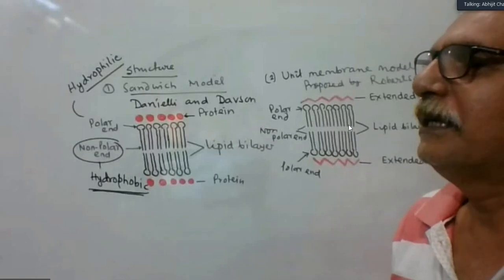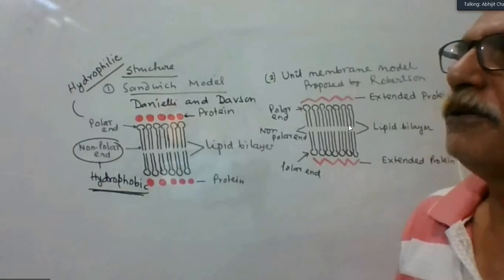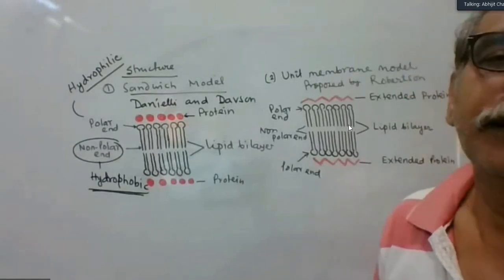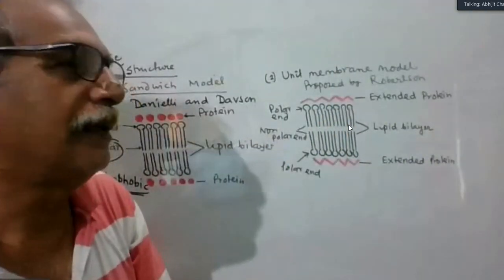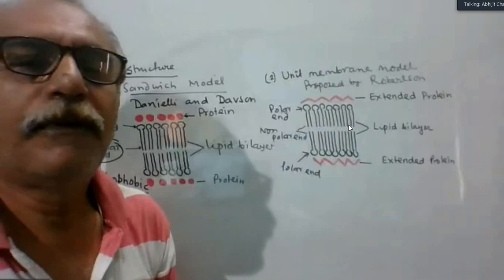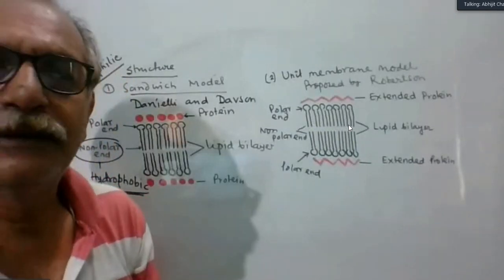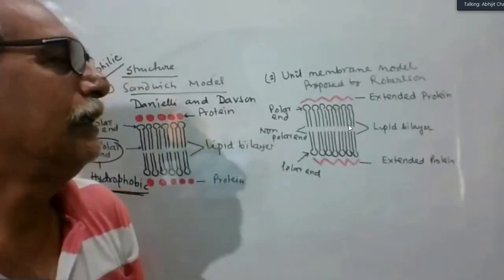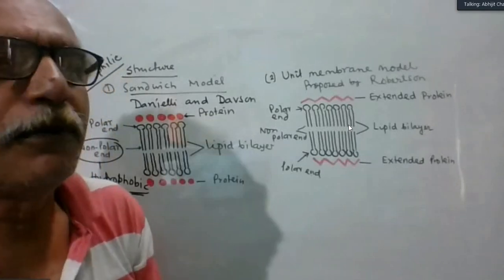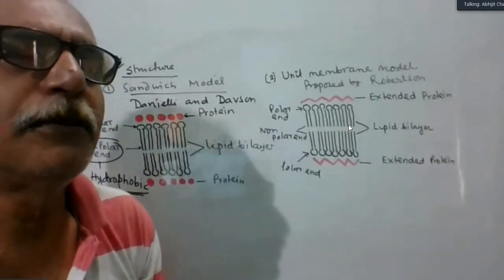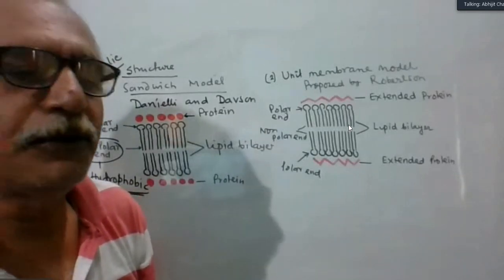And he described this protein, lipid, protein membrane as the unit of all biological membranes, or unit membrane. Is it clear to you?